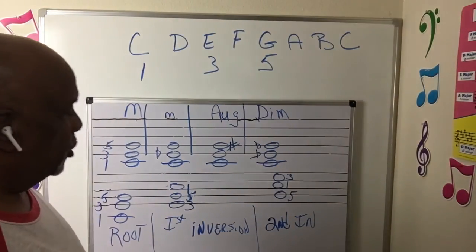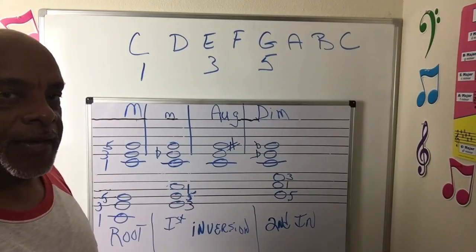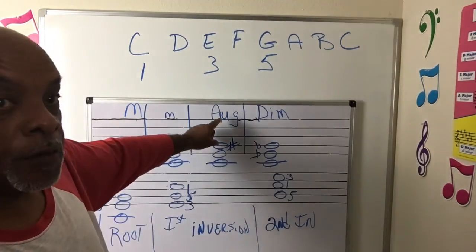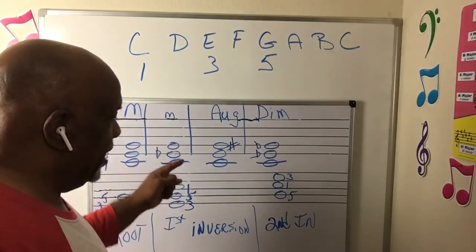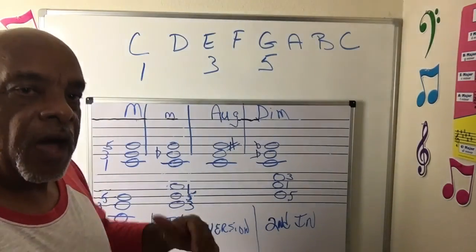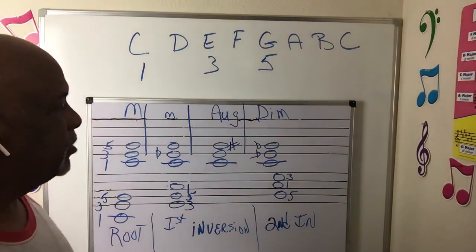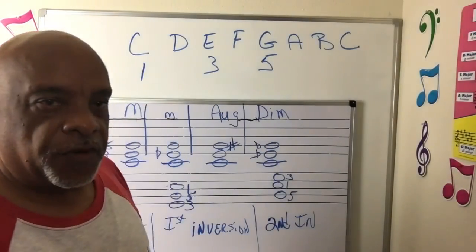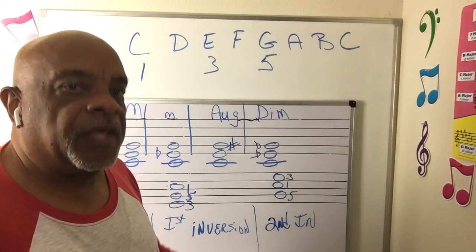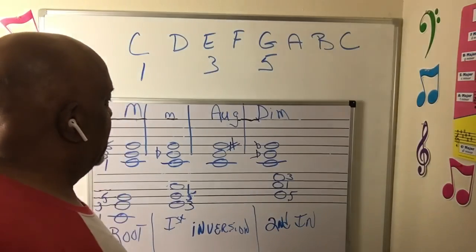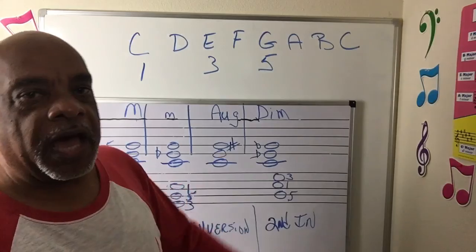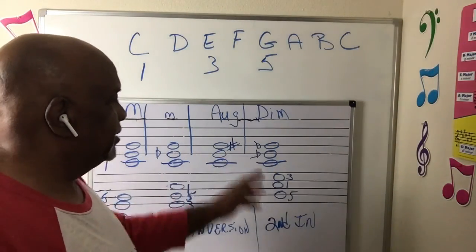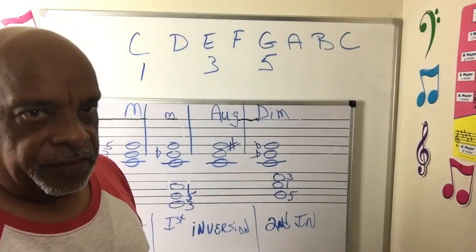To get an augmented triad, you raise the fifth a half step. And to get a diminished triad, you lower the third and the fifth a half step. These are the triads that we commonly use in music.